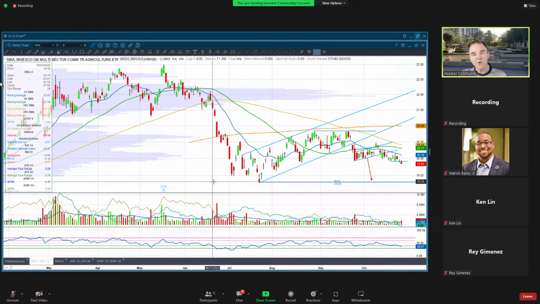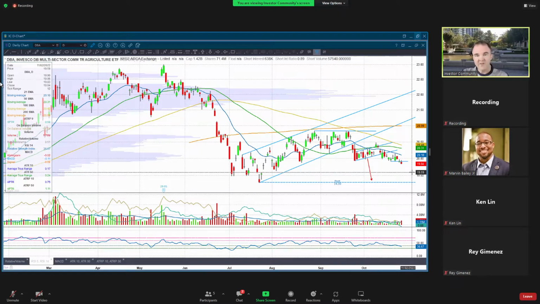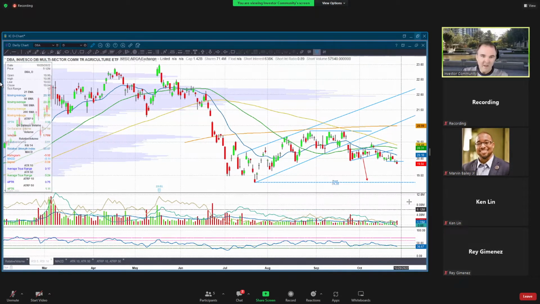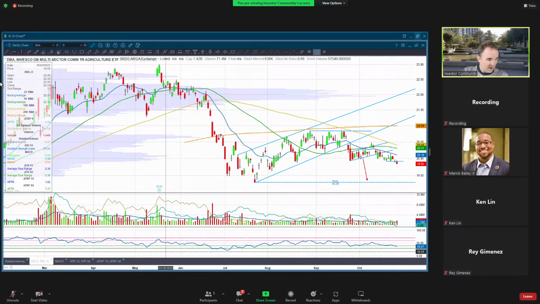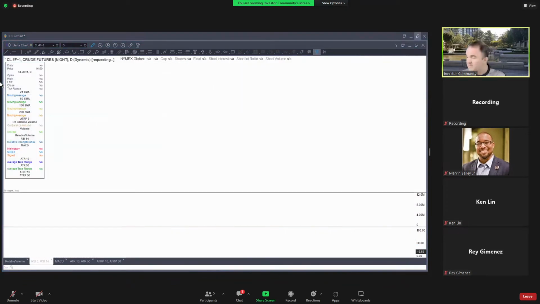Food is one of the big ones. Agricultural commodities increasing in price cause a lot of the inflation that we see, and also cause inflation in the CPI index. So good to see this moving down. Not great if you're in any of the agricultural commodities. Okay, let's move on to oil.